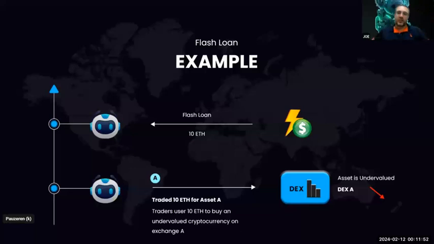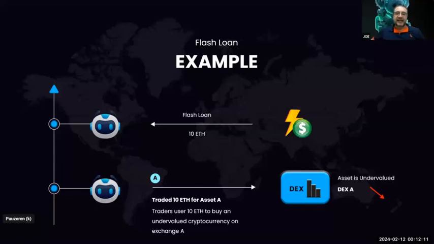So here's an example of a flash loan. So you've spotted an asset and you're going to borrow 10 Ethereum in order to be able to buy that asset. And you're now going to move that asset. You borrow 10 Ethereum.